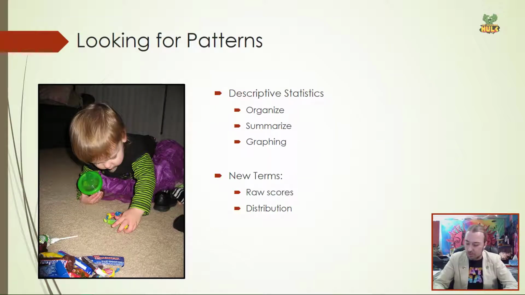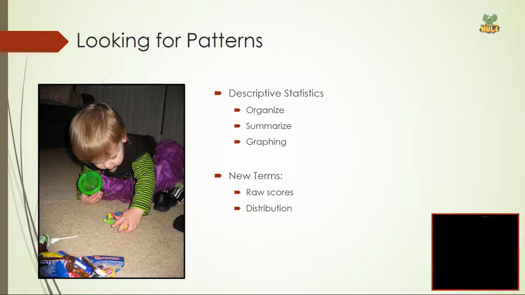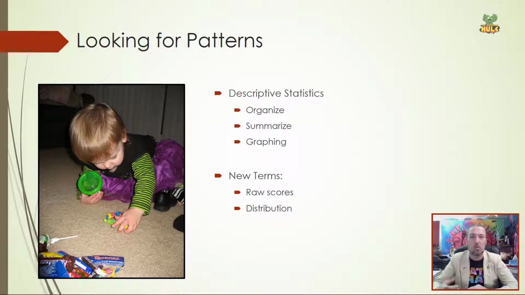What is the point of descriptive statistics? Like I said before, this branch of statistics is really there to find patterns, to help organize the data. So we need to introduce a few terms to really talk about this. When we collect a whole bunch of data, so you guys have been filling out that Excel spreadsheet to give me data for our future homework assignments. If you look at that spreadsheet, you just see a massive number of values, right?